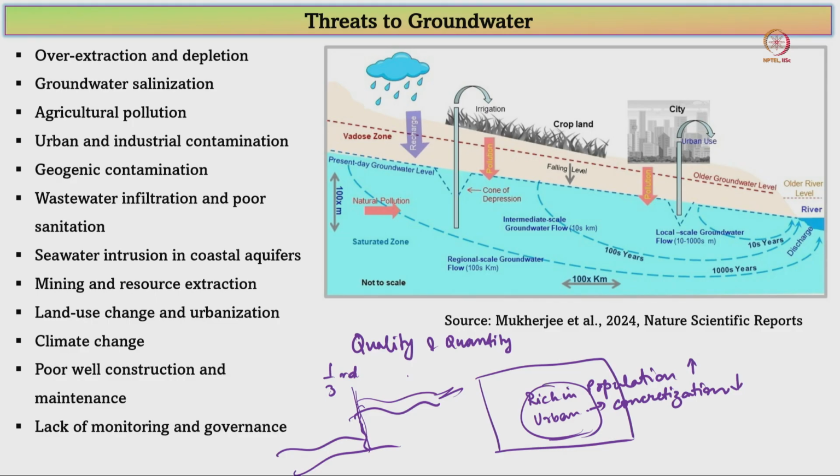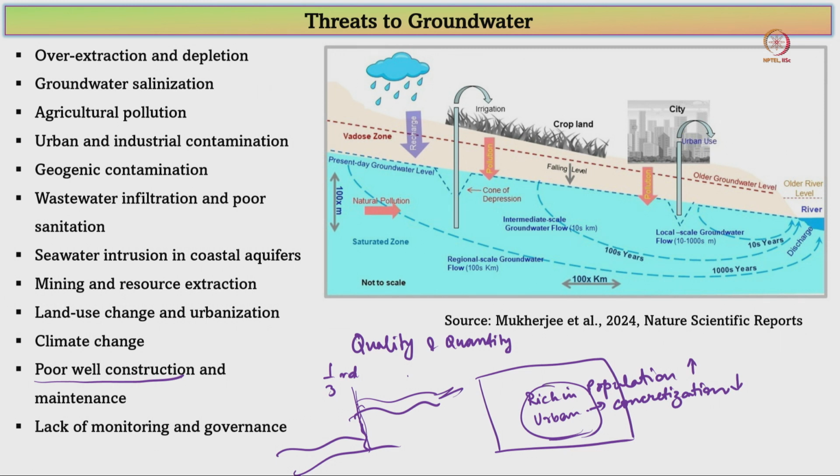So this is what is called poor well construction. That means we do not have any idea how the well was supposed to be constructed. We just randomly start digging, saying that I want water, and the maintenance is also not done. The wells are not cleaned regularly, the infrastructure is not maintained, and therefore it can lead to a lot of serious issues.